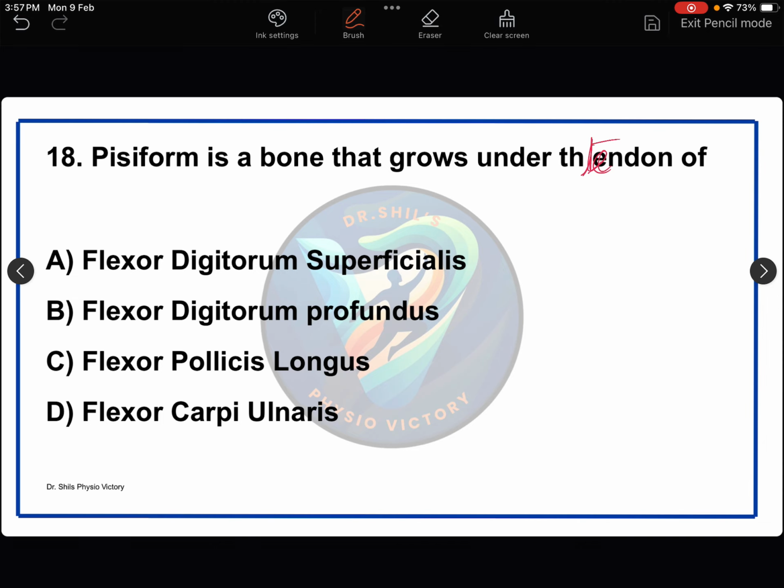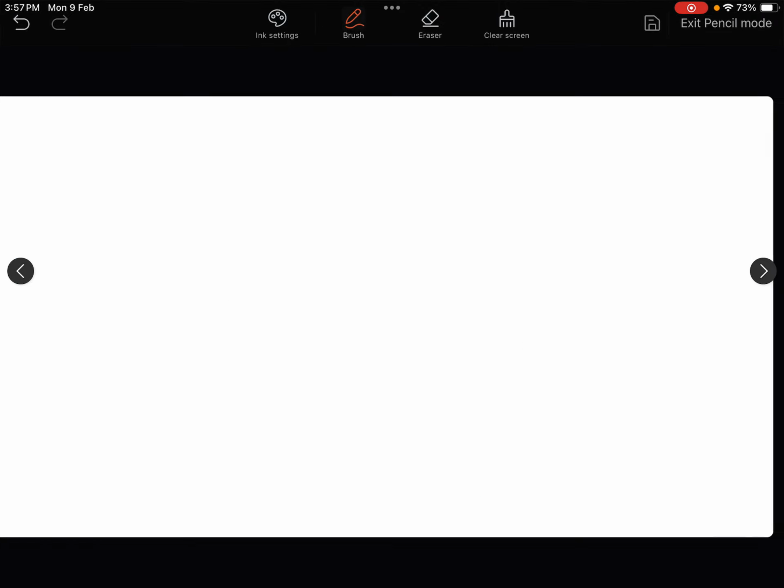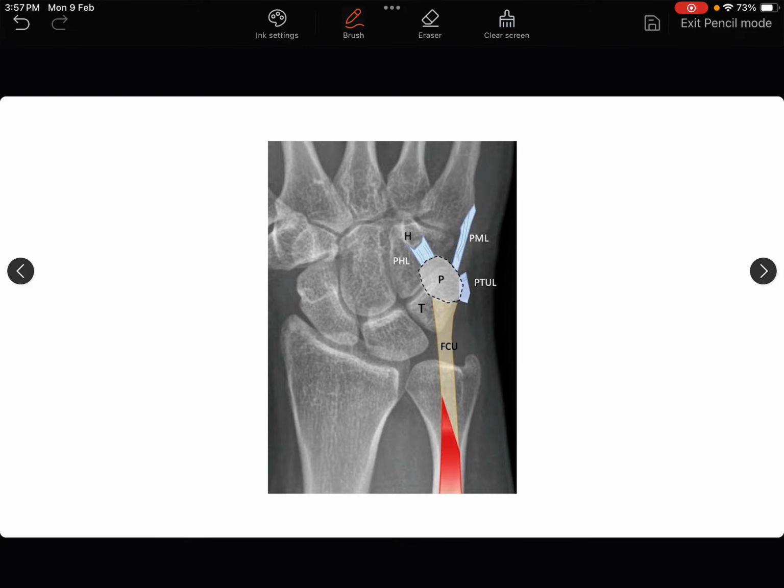Here, the correct answer is option D, flexor carpi ulnaris. Pisiform is a sesamoid bone embedded within the tendon of flexor carpi ulnaris. This is the image. This is tendon of flexor carpi ulnaris. This is pisiform bone.